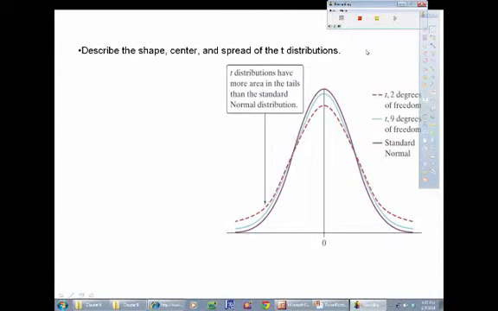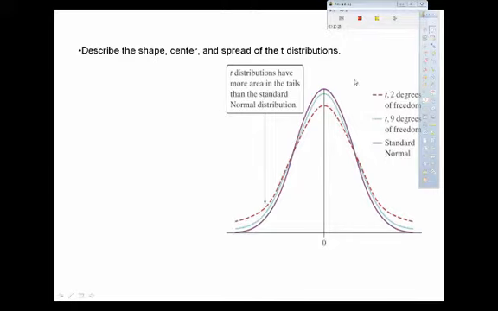Okay, so describe the shape and center and spread of T distributions. What do they look like? Well, the density curves of a T distribution are similar to the shape of the standard normal curve. They are symmetric about zero, single-peaked, and bell-shaped.